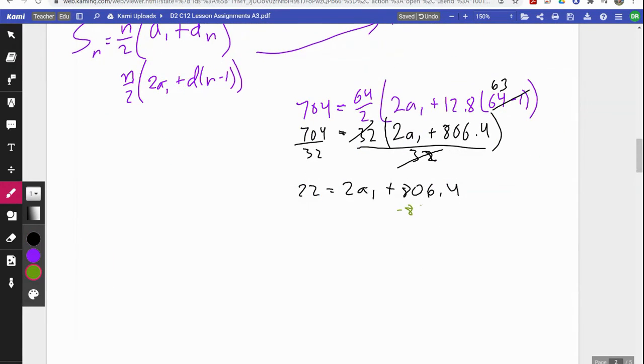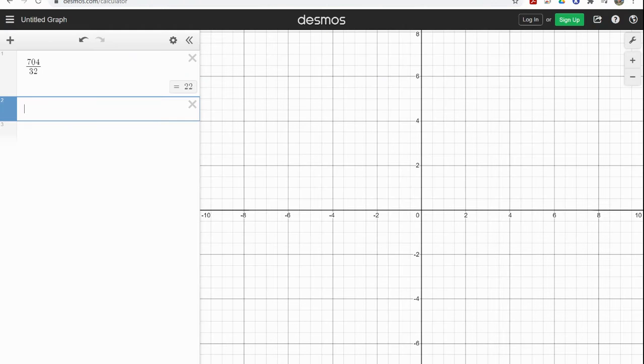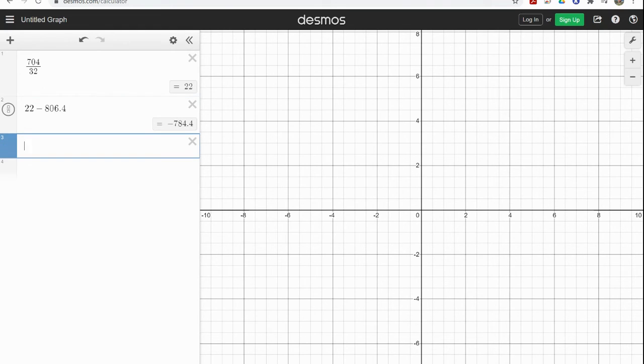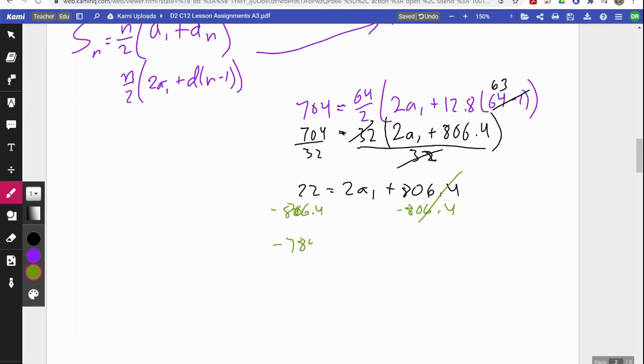We're going to subtract 806.4 from both sides. 22 minus 806.4 is negative 784.4. And the last step, divide by 2, because there's a 2 in front of the a sub 1.